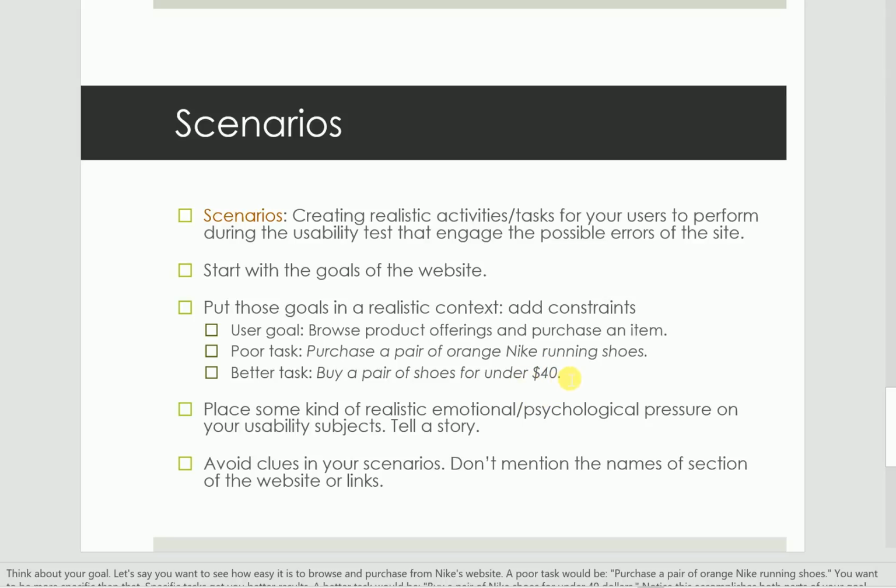So there will be several that the user will look at, versus this one where there will be fewer options. So always keep the goal in mind of what you're asking the user to accomplish, what you want to see the user accomplish actually.